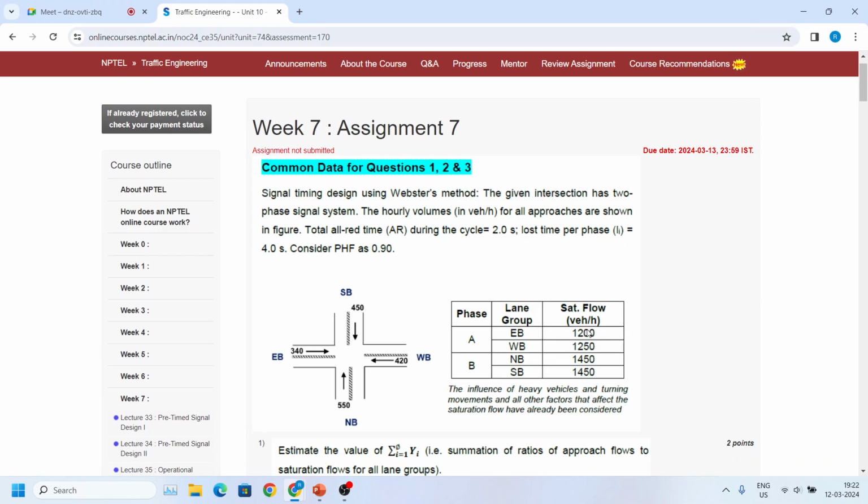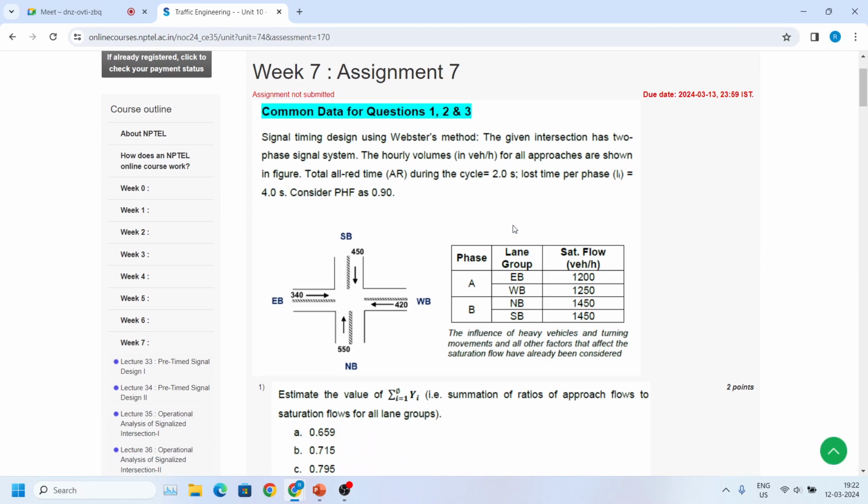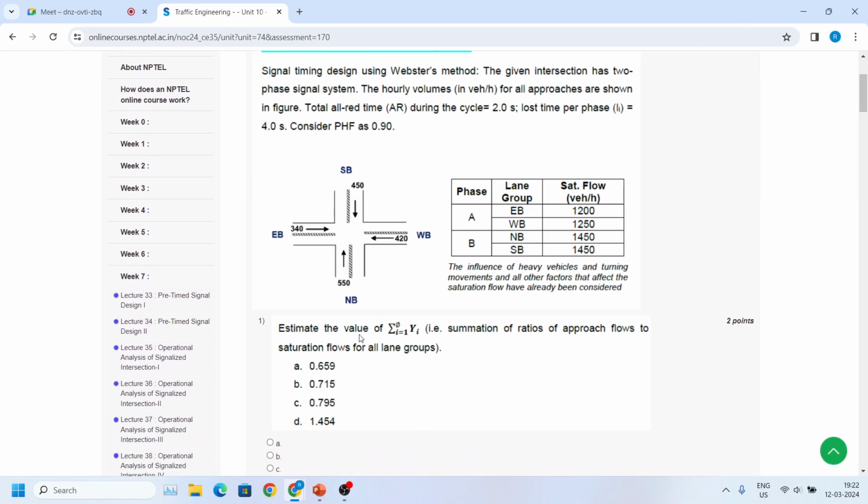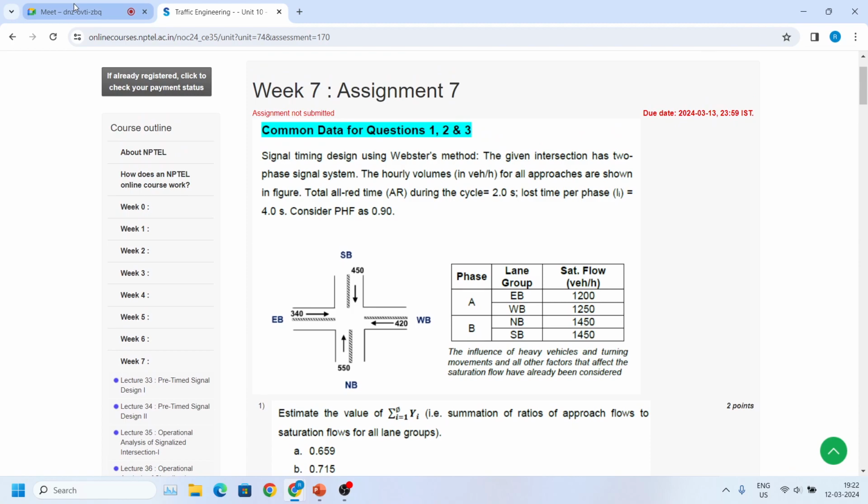So I changed the saturation flow values, and the all red and the other portions. So maybe that's why your answer is coming that way. You perhaps mention the answer given in the assignment, but I'm not exactly solving the problem data that are given in the assignment.